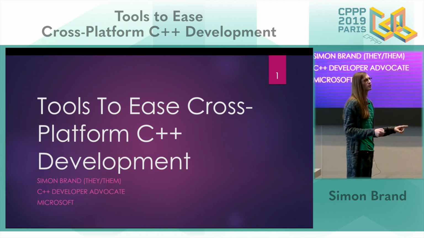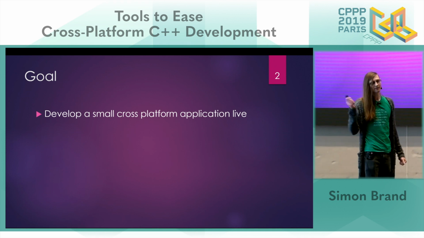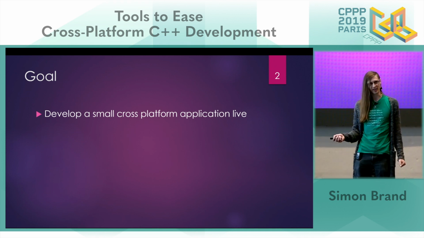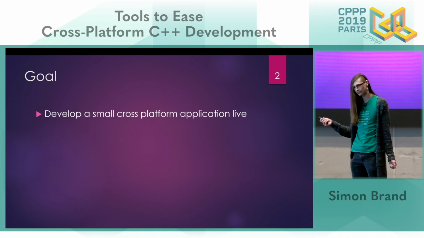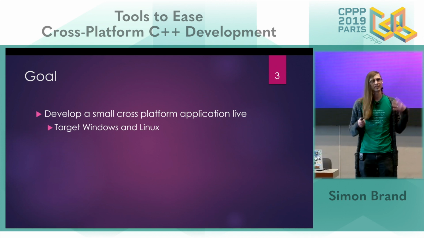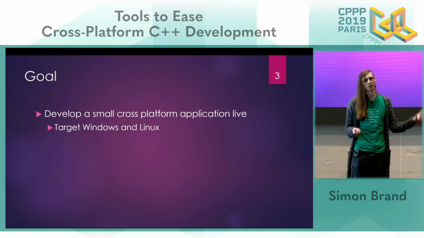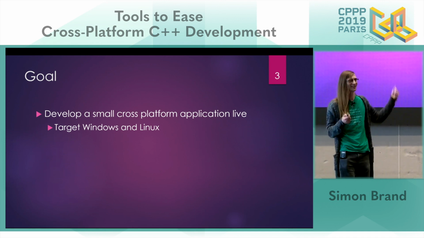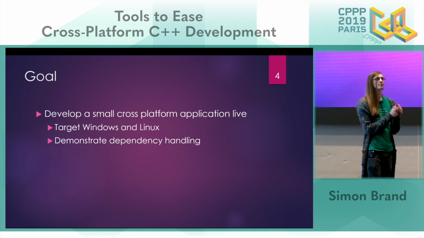So I came up with some goals I wanted to achieve for this talk. I want to develop a small cross-platform application live. This is a cross-platform tooling talk. I want to target Windows and Linux, because this is at least a real-life example of what you might try to target, but I could do it in a talk. I want to demonstrate how you could handle dependencies.